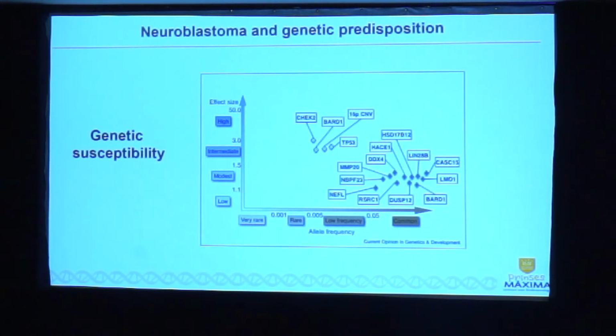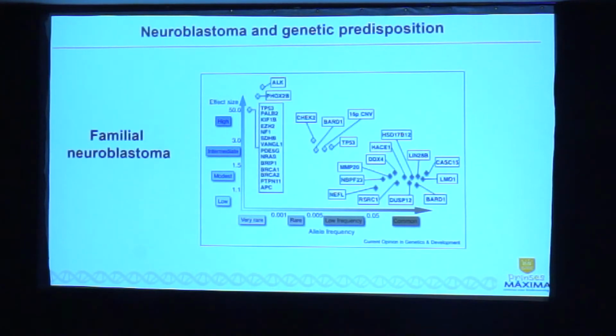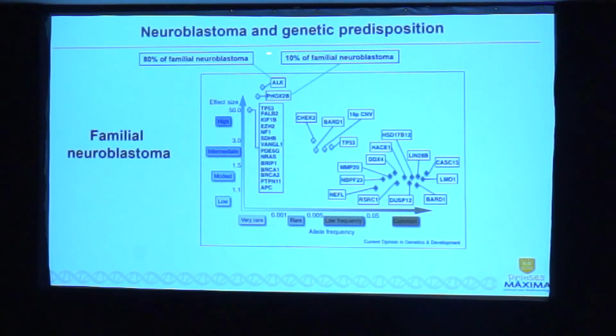But then, of course, on the other hand, we have the aberrations that are very rare, but give a very strong increased risk of getting neuroblastoma. Best known are the ALK and the PHOX2B mutations. So ALK is occurring in 80% of the familial neuroblastoma, and PHOX2B is in 10% of the neuroblastoma. There's some other rare events, but these are real rare that can lead to neuroblastoma.